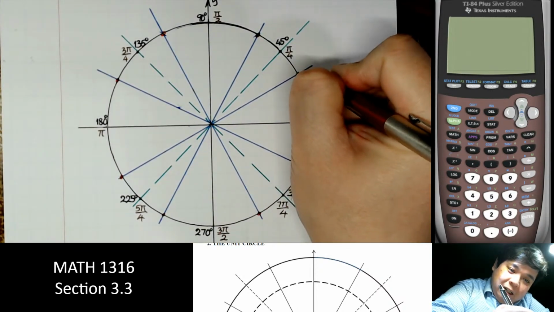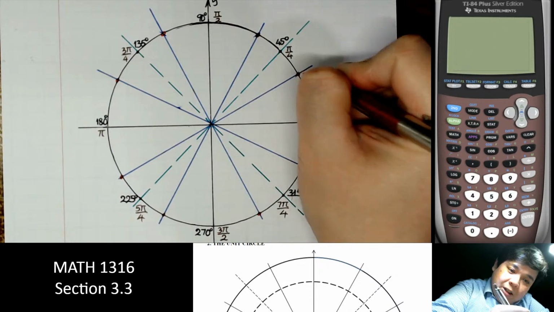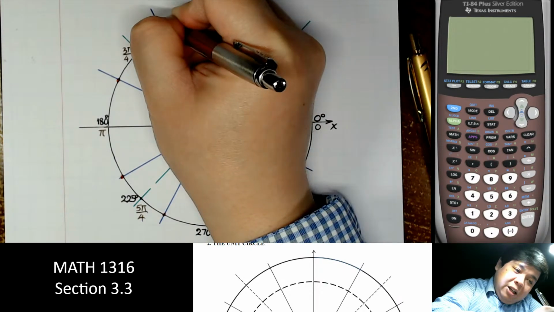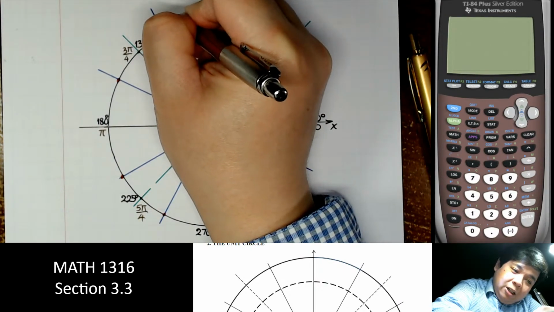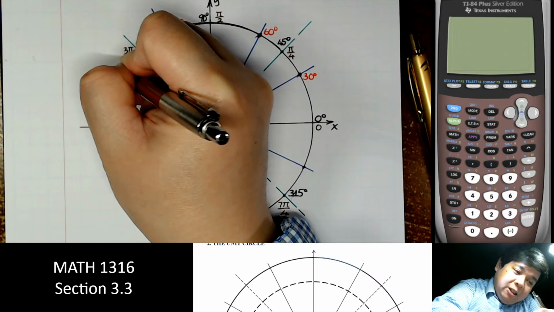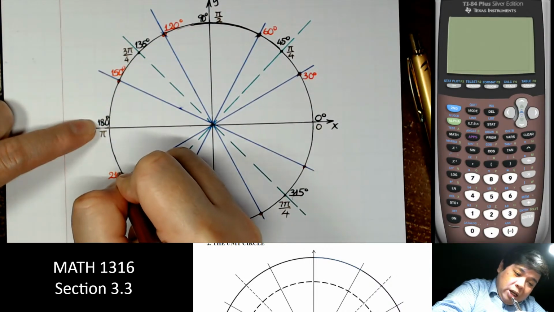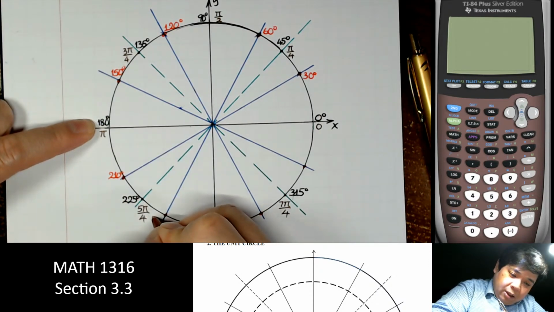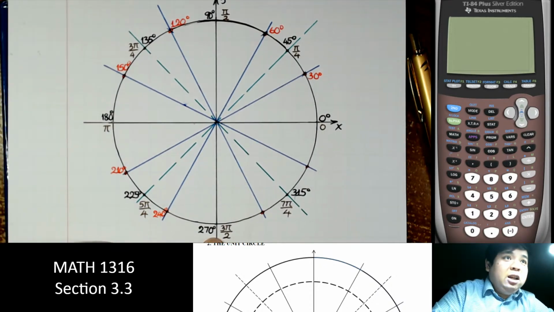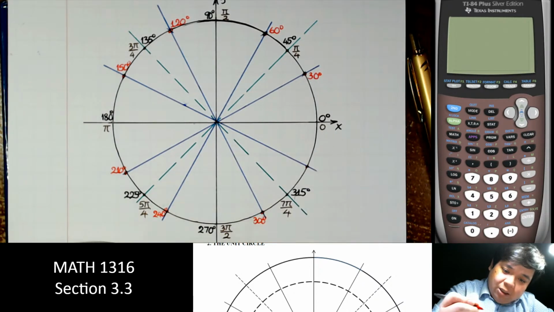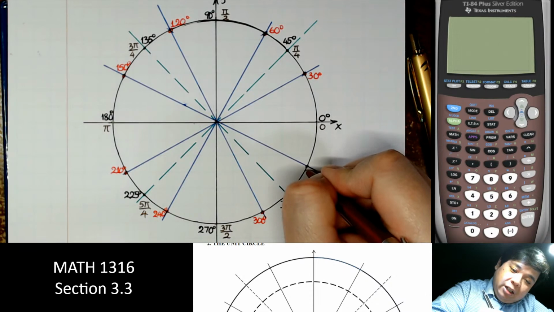So that is 30, 60, 90, 120, 150, 180, 210, 240, 270, 300, and 330.